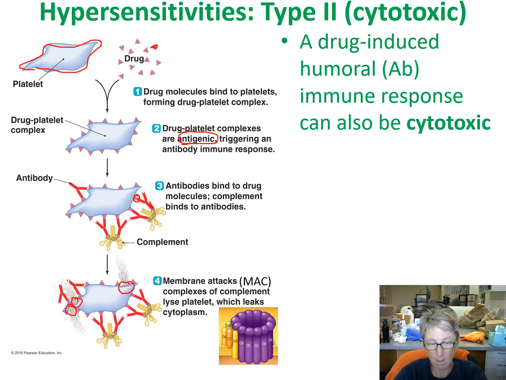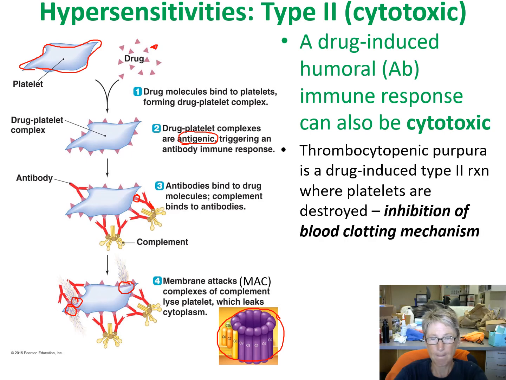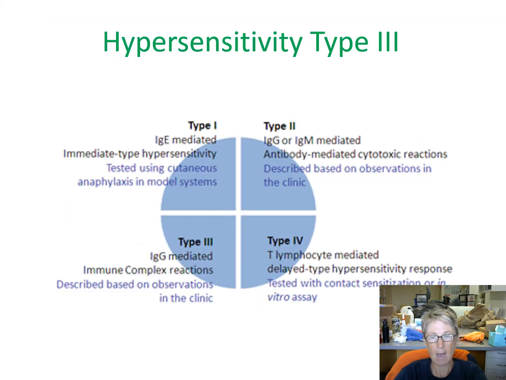And here again, here's our MAC, membrane attack complex, formed by complement proteins. Okay, so there's a drug-induced type 2 reaction, thrombocytopenic purpura, where platelets are destroyed, and now you can't clot your blood. If you can't clot your blood, if you get a cut, you just freely bleed out.